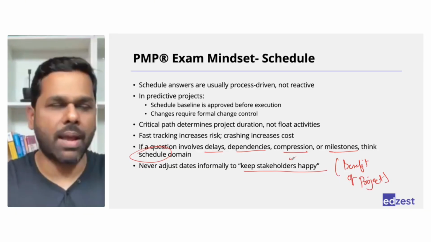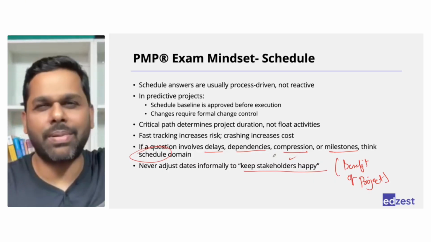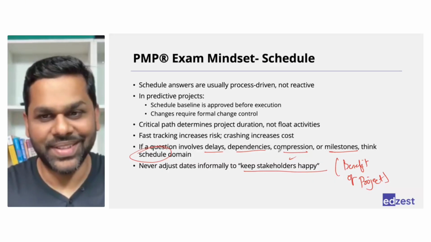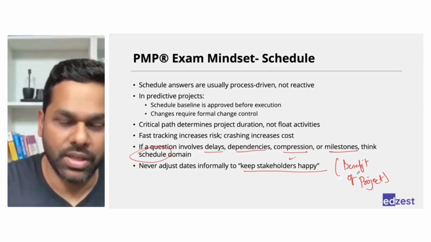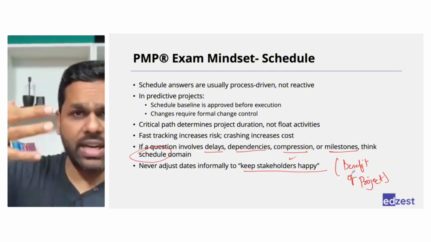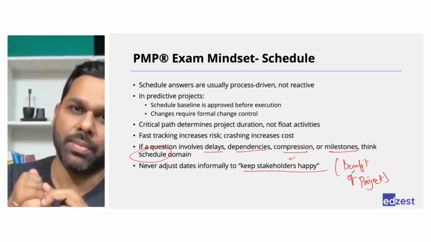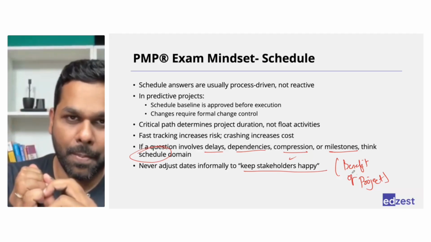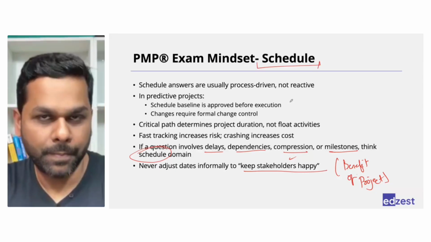Never for the stakeholders' happiness, never for the team's happiness, never for the government happiness, prime minister, president's happiness, doesn't matter. Right? What matters is it beneficial for the project or not? So we will take all the decisions that are beneficial for the project. If there are 3 decisions mentioned in the question, we will select that decision which is the most beneficial in the project. Okay, that's how you answer the questions related to schedule.